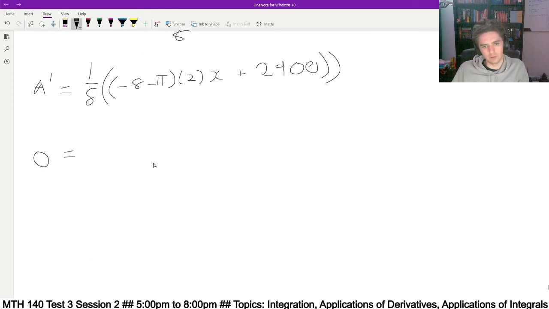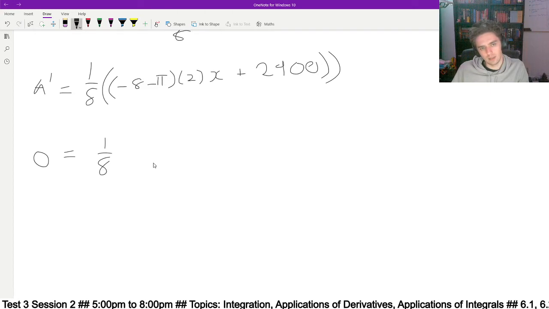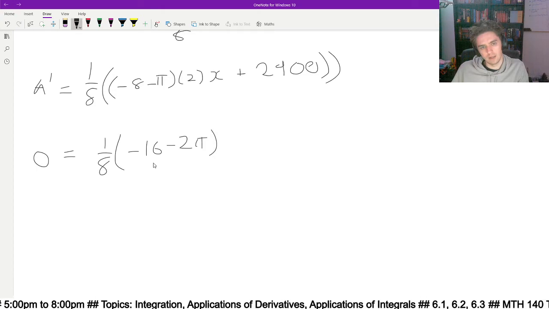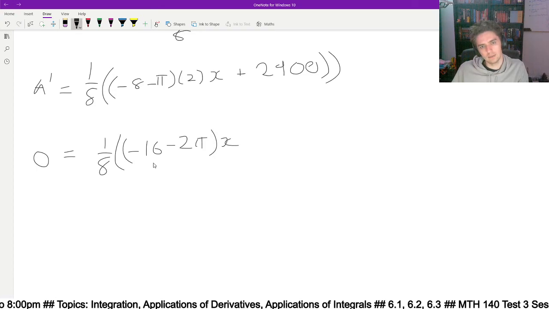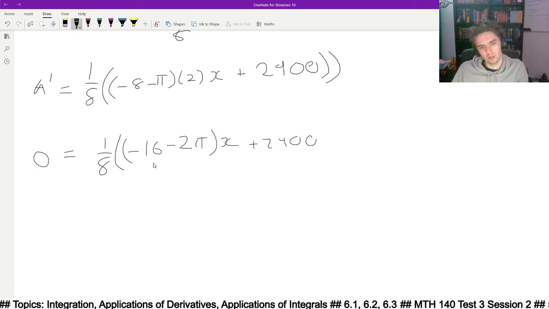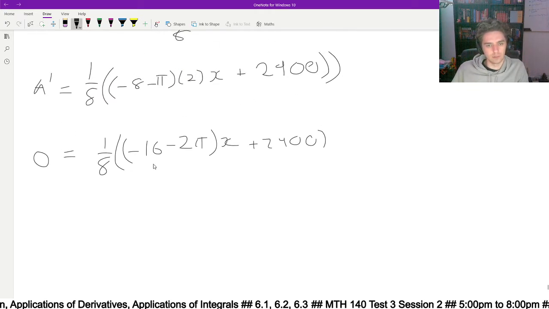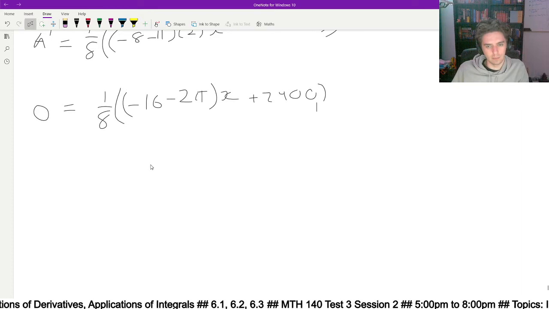We want to know where the derivative equals 0. So 1/8 times negative 16 minus 2 pi x plus 2,400. I guess I may as well multiply that x back in. That didn't really help us that much.